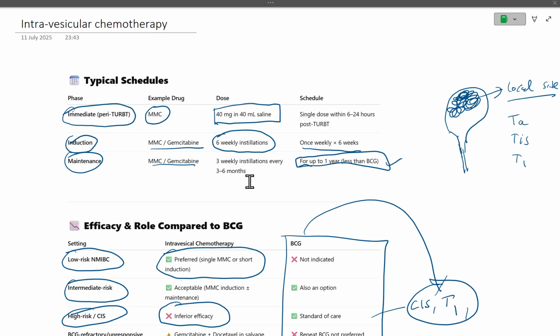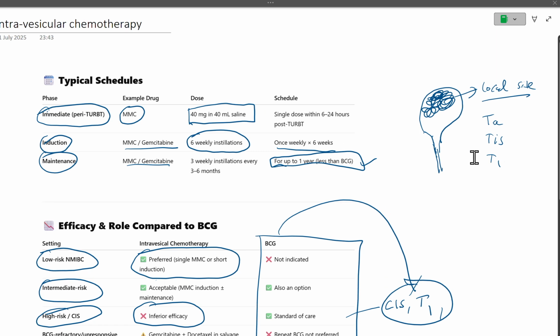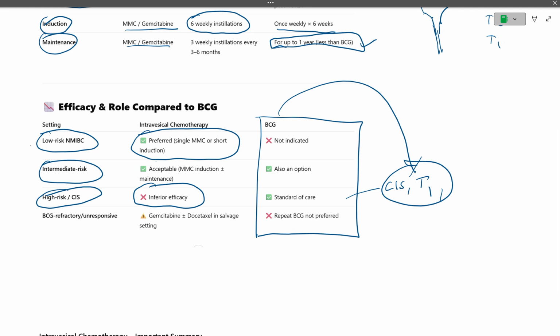So now we have identified a non-muscle invasive bladder cancer, and now we'll do a TURBT. But what is the management? Supposing it is low risk, then we will give intravesicular chemotherapy.